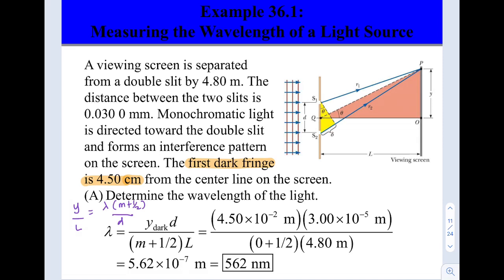Our main interest is lambda. So lambda is equivalent to y dark d over m plus half times L. Every single thing must be in SI units. Then you will have this answer, 562 nanometers for lambda.